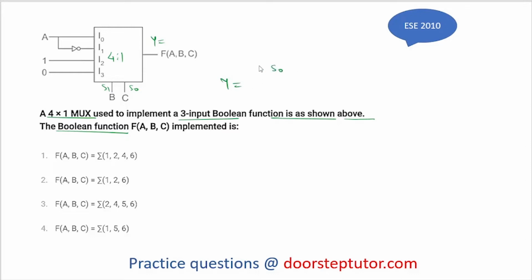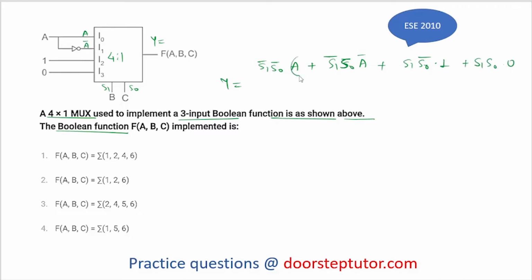So output will be S0 bar into S1 bar into A plus S0 into S1 bar into A bar, because here we are applying A bar and here we are applying A, plus S1 into S0 bar into 1 plus S1 into S0 into 0.